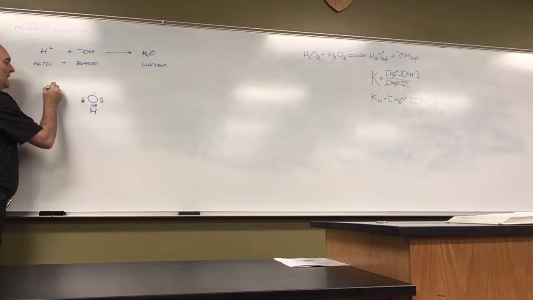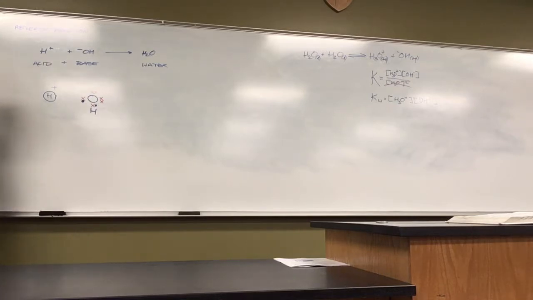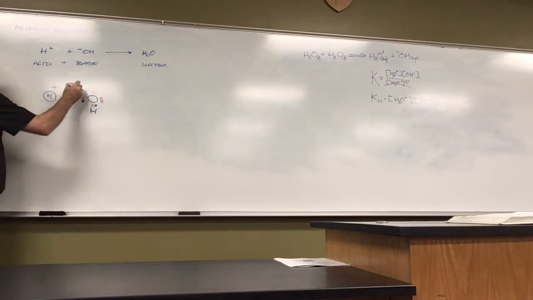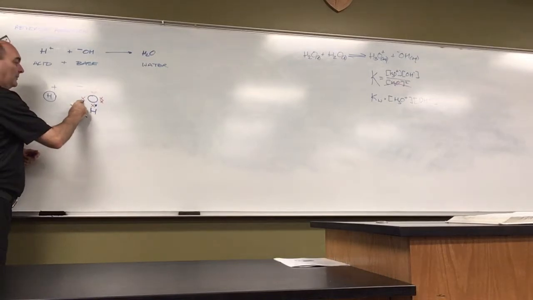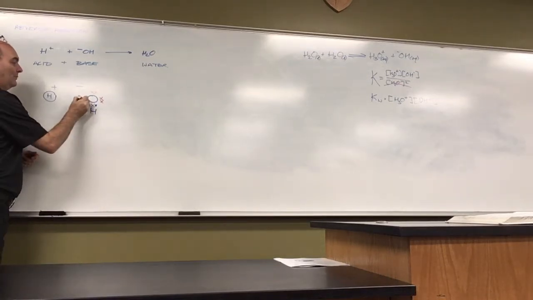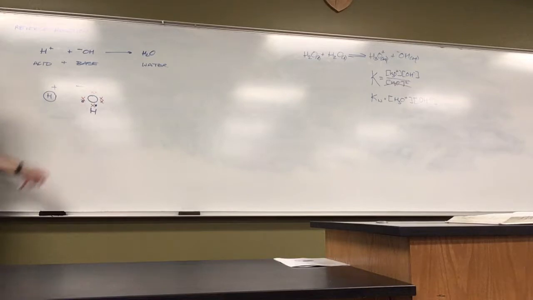Okay, so now this has 8 electrons and a negative charge. That negative charge comes from that one right there. That electron is the odd electron out. It does not belong to the oxygen, and it does not belong to the hydrogen that is in the bond. It is an external, unshared electron. Okay.